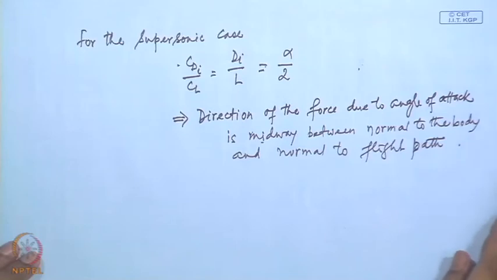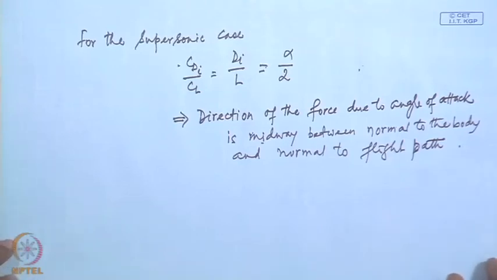So, that completes our discussion on the forces that act on a body of revolution either in axisymmetric flow or in the cross flow case. We have seen that when the body is in an axisymmetric flow, then only a drag force acts, which of course depends on the variation of the cross sectional area of the body.